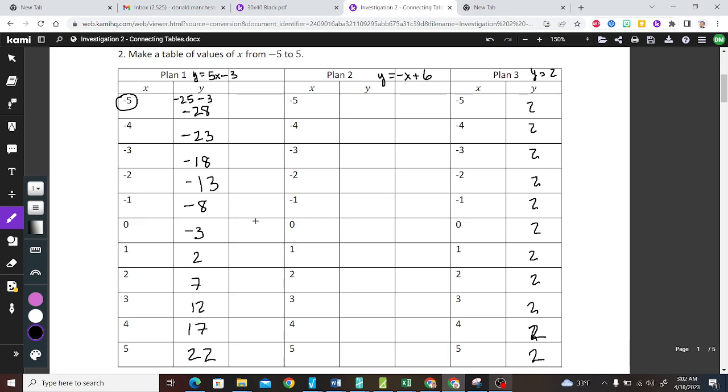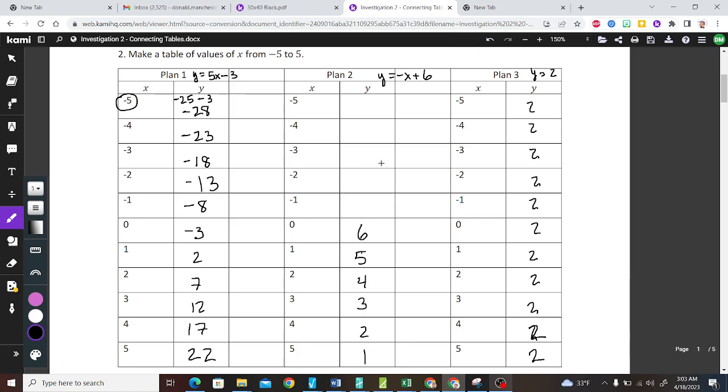So filling in a table, you can keep using the equation over and over again, or you can understand the pattern caused by the rate of change. Likewise with plan 2, if we start at the 0 amount, that's 6. But we're decreasing $1 each time. So that's 5, 4, 3, 2, 1.